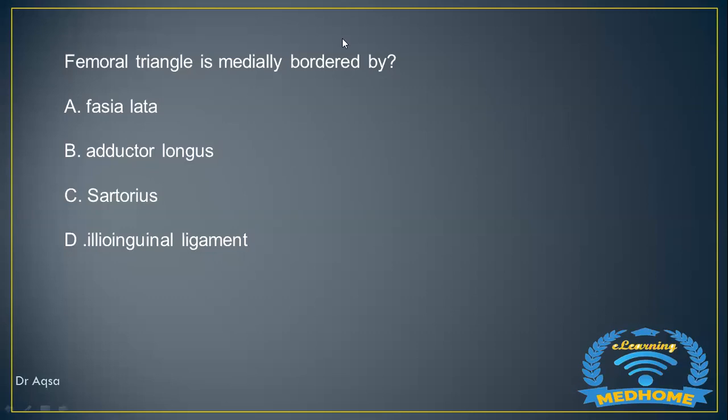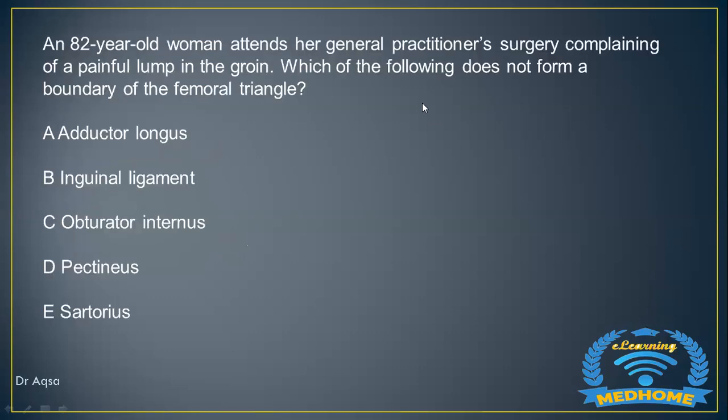Rubina, would you like to try the next one? An 82-year-old woman attended her general practitioner surgery complaining of a painful lump in the groin. Which of the following does not form a boundary of the femoral triangle?